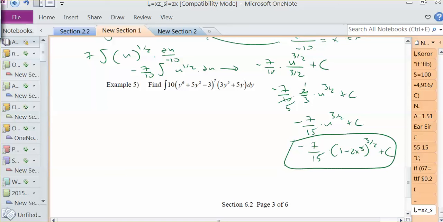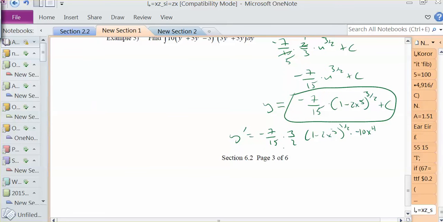Now, if I'm saying y equals this, the derivative of that, of course, would be negative 7/15 times 3/2 raised to the 1/2 power, doing my chain rule. And if I kind of work things out, I get negative 20 over 30 times negative 10x to the 4th times square root of 1 minus 2x to the fifth.